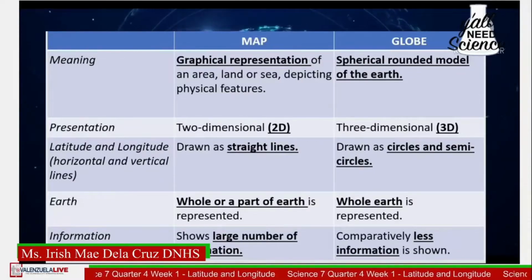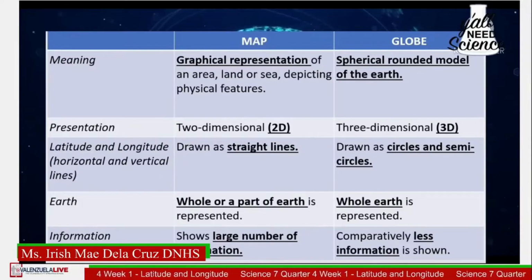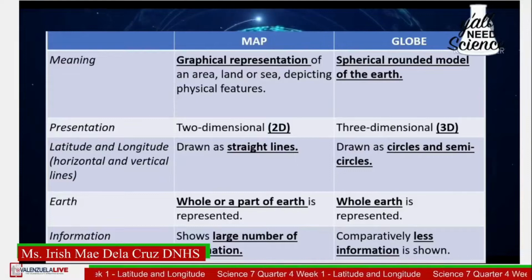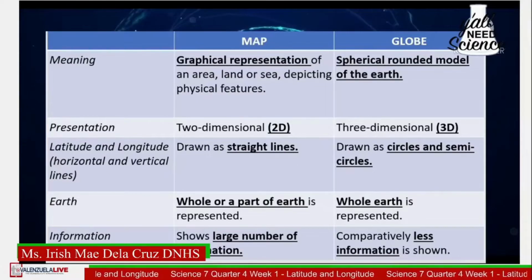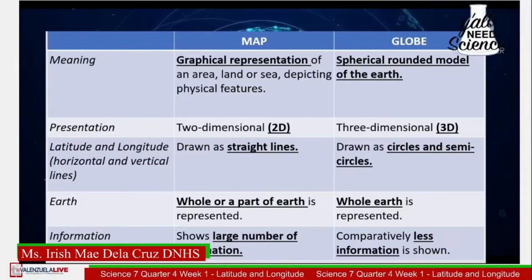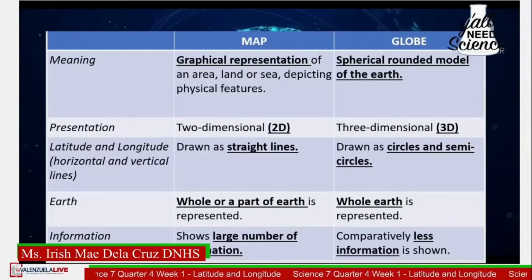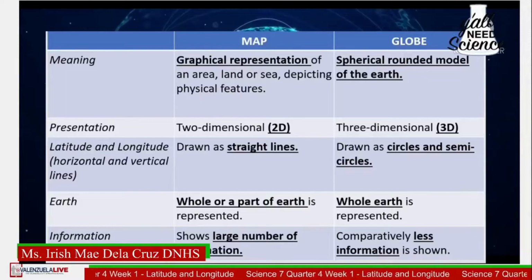And for the Earth, the map presents a whole or a part of Earth, while the globe presents a whole Earth. Regarding the information, map shows large number of information, while the globe, comparatively less information is shown.